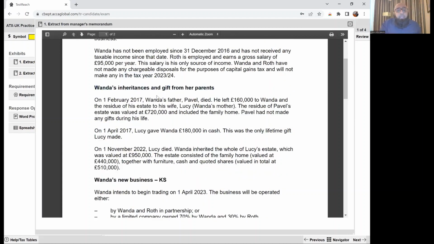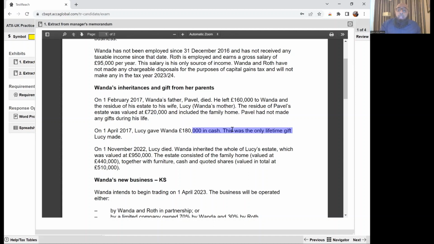Now, Venda's inheritances and gifts from parents. On 1st February 17, Venda's father, Pavel, died. He left 160,000 to Venda and the residue of his estate to his wife, Lucy, who is Venda's mother. The residue of Pavel's estate was valued at 720,000 and included the family home. Pavel had not made any gifts during his life. On 1st April 17, Lucy gave Venda 180,000 pounds in cash.